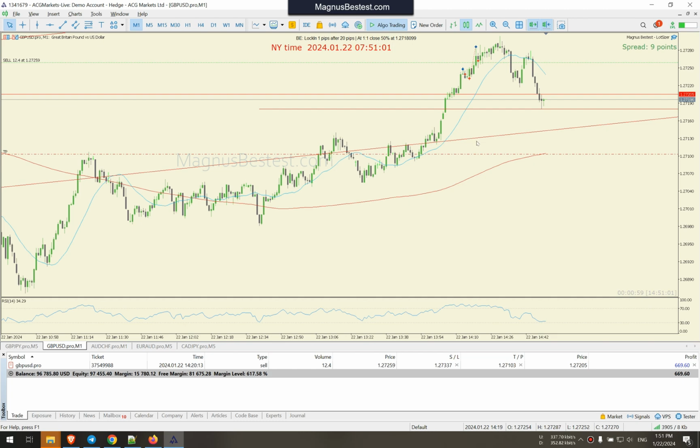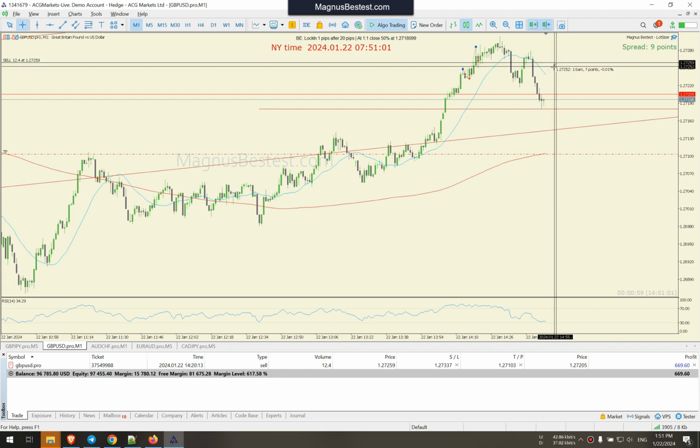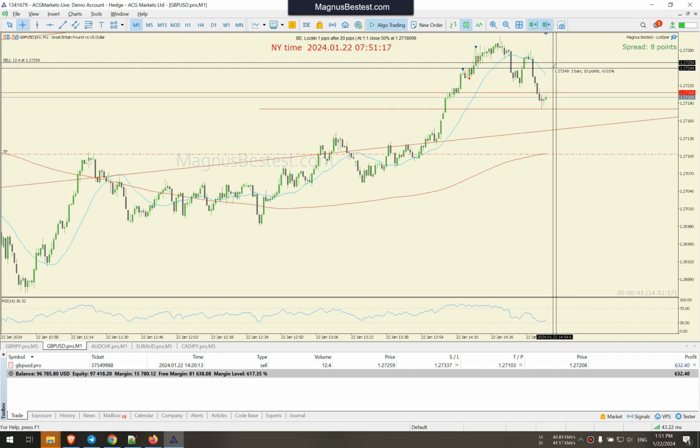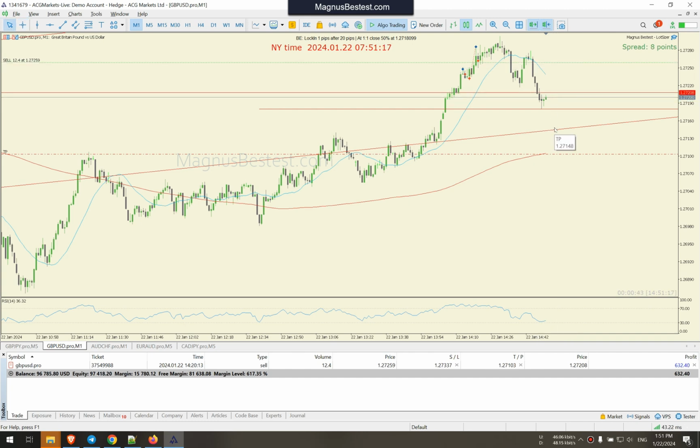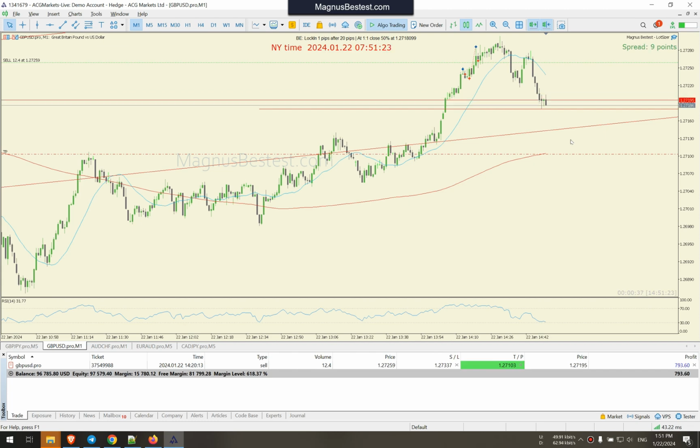And the stop loss will be moved to break even, locking in 1 pip. So like this. Let's wait a little bit longer. Drop already. We are in nice profits.